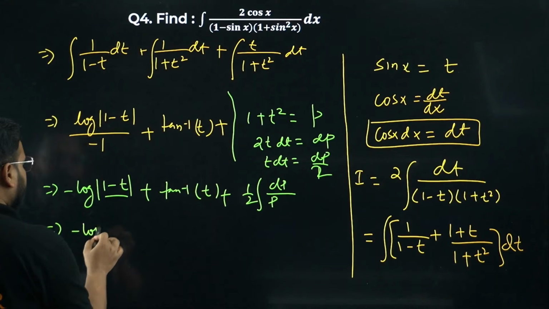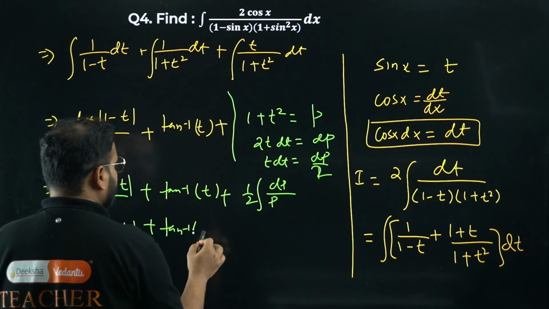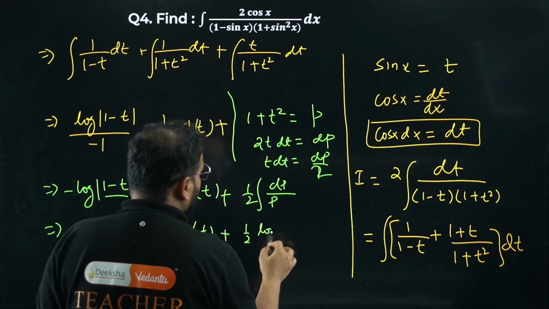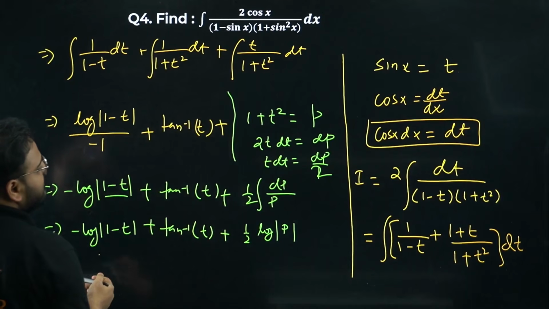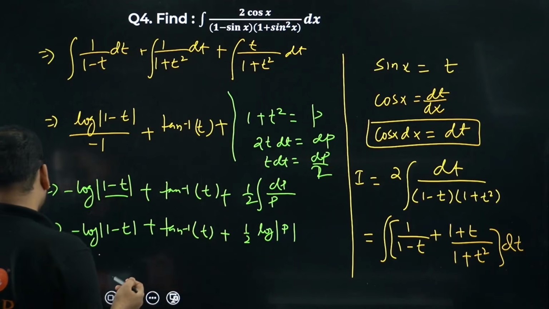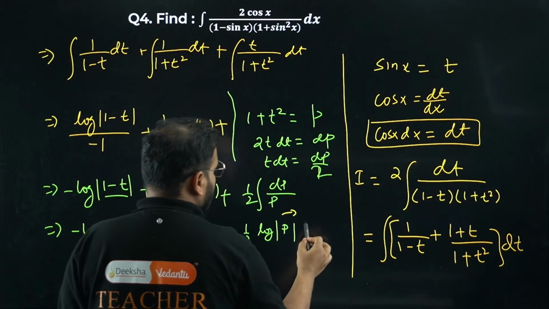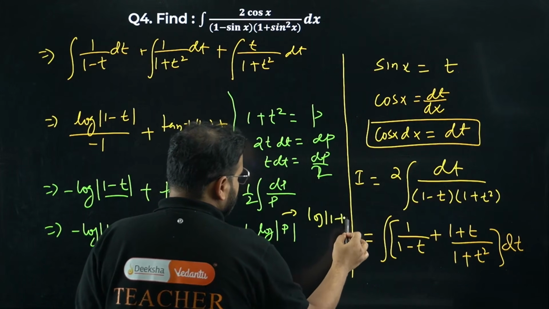Minus log 1 minus t plus tan inverse of t plus 1 by 2 log of p. We'll put back the variables. So p is nothing but 1 plus t square, no? It will become log of 1 plus t square, sir.